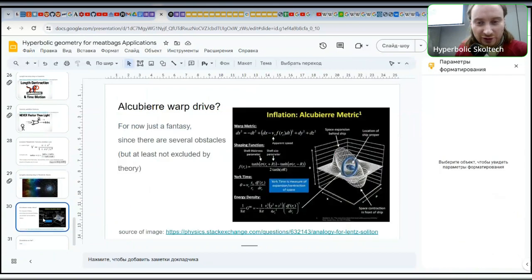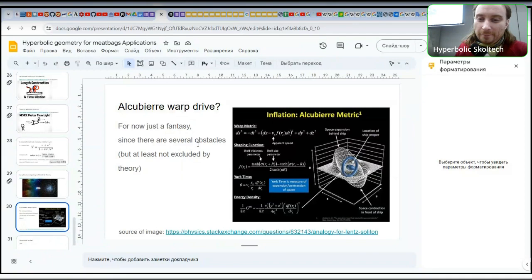And I was asked by someone to describe what I meant in the last few minutes. Is this the Alcubierre warp drive? Well, this is a fantastical construction for now.